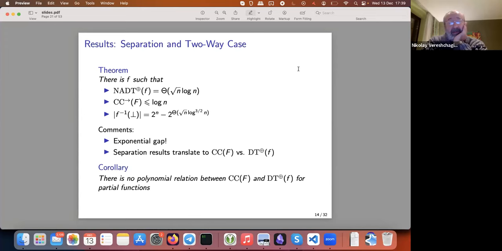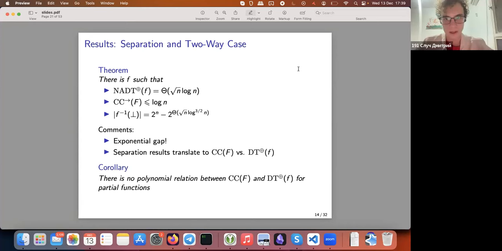And why does it translate to two-way complexity? It follows from the proof. This function has only one point where it takes value 1, and several points where it's equal to 0. And for such functions, non-adaptive parity decision tree complexity is equal to general parity decision tree complexity.